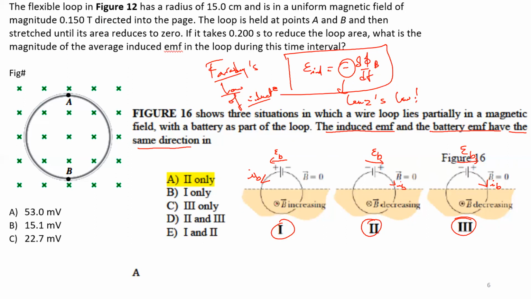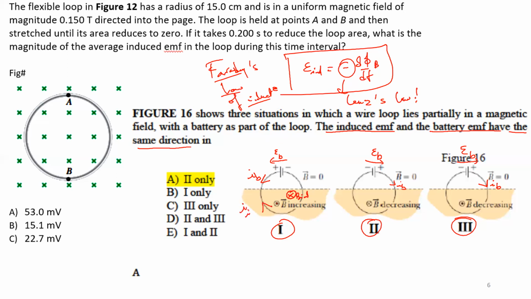So here I have B pointing outside towards you, and it's increasing. So my induced magnetic field will be inside. With the induced magnetic field inside, I can use the right-hand rule. So what should be my induced current? Magnetic field inside, induced current will be in this direction.